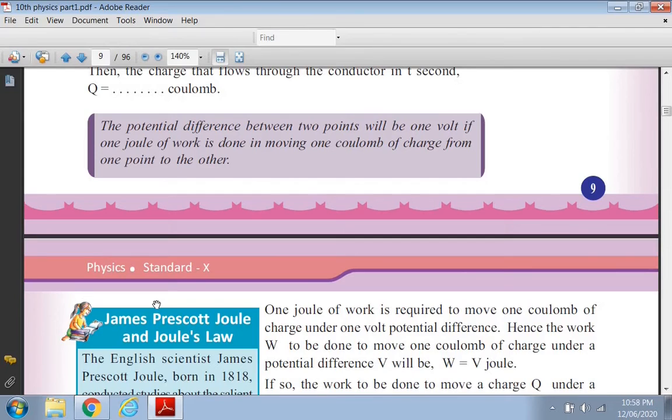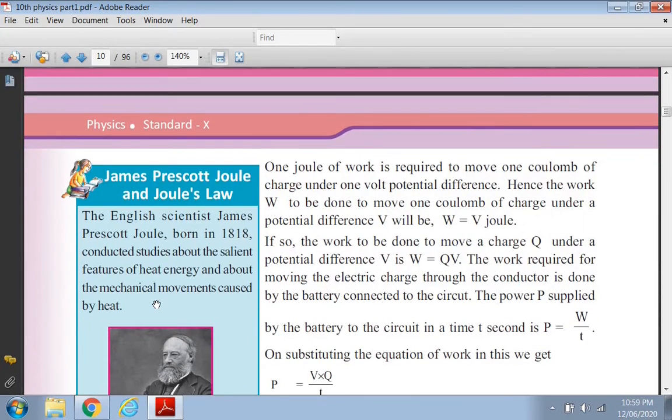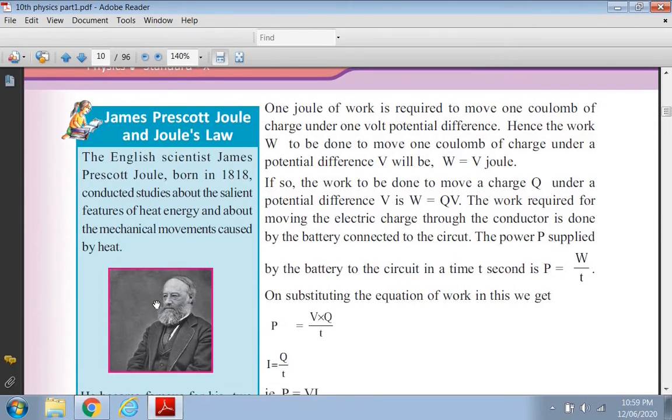The potential difference between 2 points will be 1 volt if 1 joule of work is done in moving 1 coulomb of charge from one point to another. That is explained here in detail.